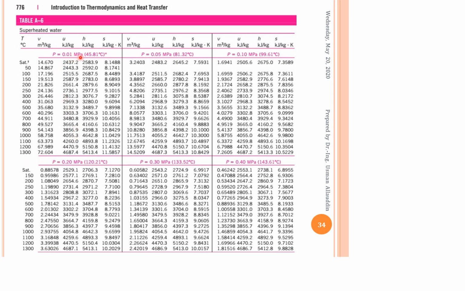And here we have the pressure mentioned: 0.01 megapascal, 0.05 megapascal, 0.1 megapascal, 2 megapascal, and so on. We have a lot of values here. Apart from that, we have specific volume, specific internal energy, specific enthalpy, and specific entropy.